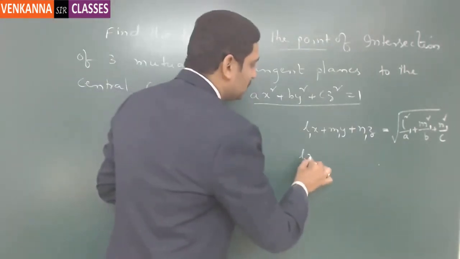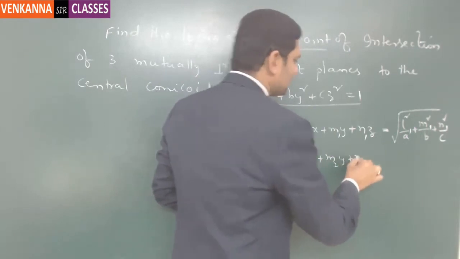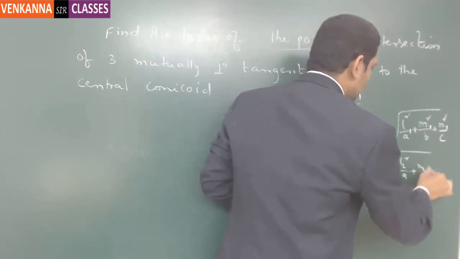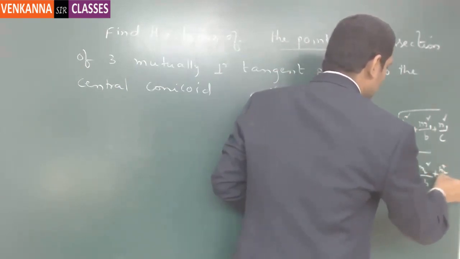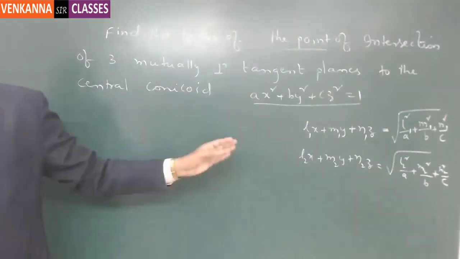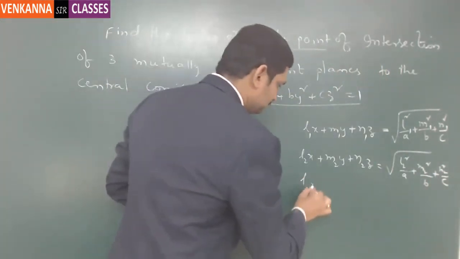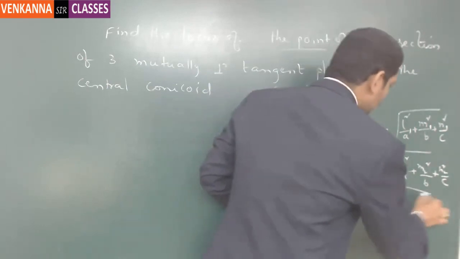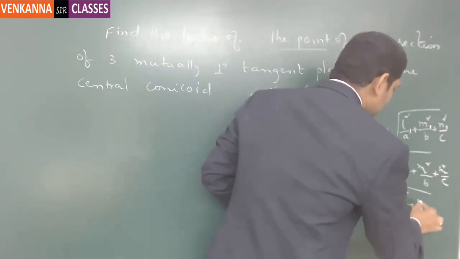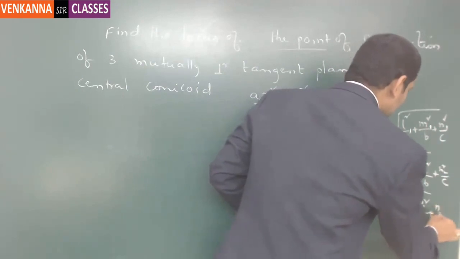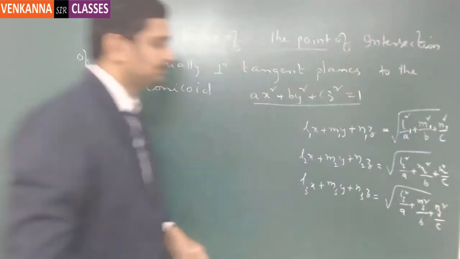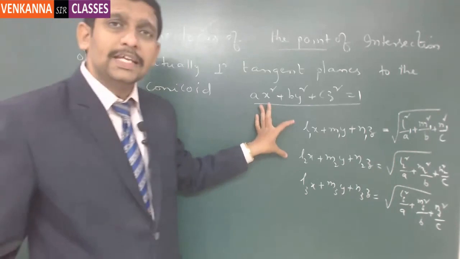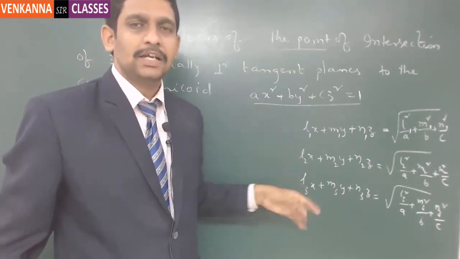The second one will be L2x plus M2y plus N2z is equal to the square root of L2 square by A plus M2 square by B plus N2 square by C. And the third tangent plane is L3x plus M3y plus N3z equal to the square root of L3 square by A plus M3 square by B plus N3 square by C. These three planes will intersect at a point.